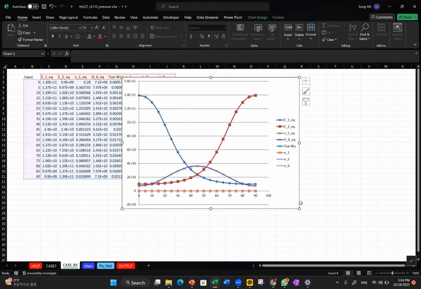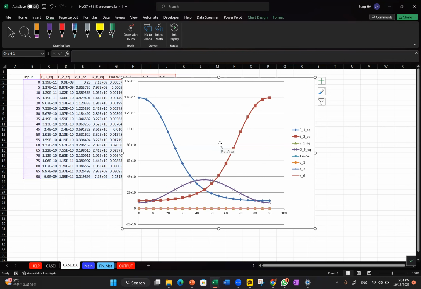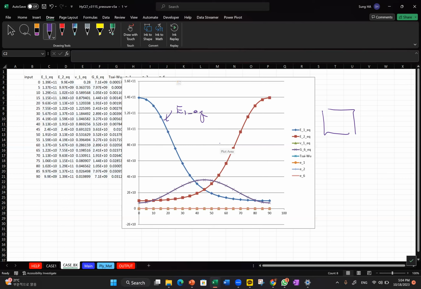Now here, again, what does epsilon 1 mean? This is the epsilon 1 equivalent. This is the stiffness, okay? This is the Young's modulus, but whatever layout we have, there is a load and deformation.